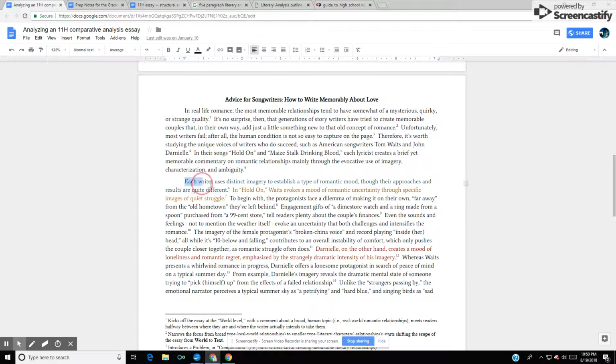And ignore this topic sentence because it's a comparative analysis essay. If it was just a one text essay, the topic sentence would start here. It might be phrased somewhat differently, but the concept would be the same. Okay, so this paragraph is being controlled by this claim.